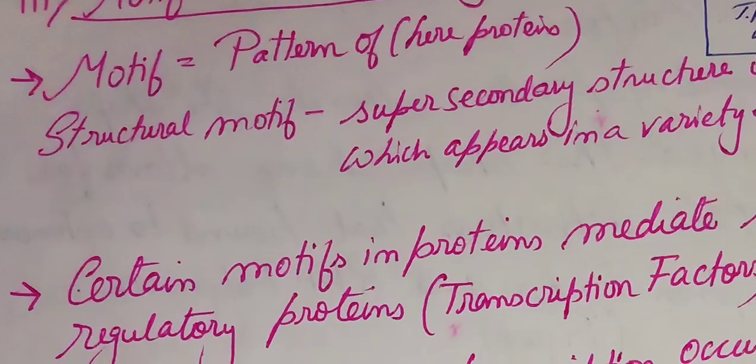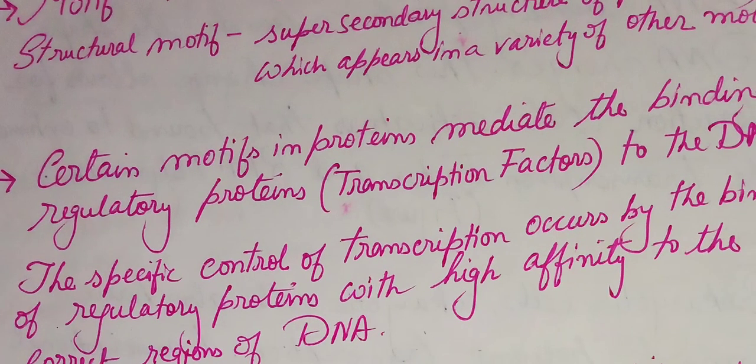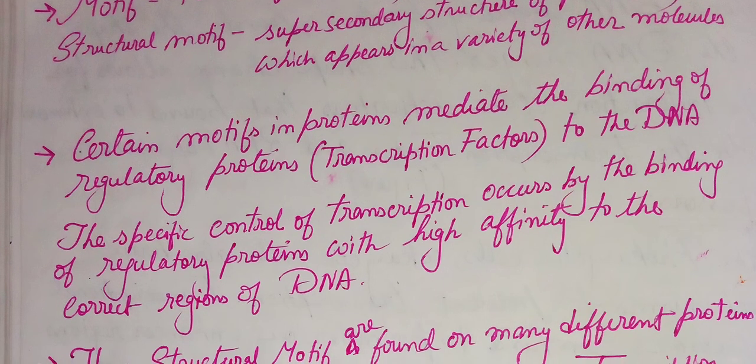Okay, so certain motifs in protein mediate the binding of regulatory proteins, that is transcription factors, to the DNA. The specific control of transcription occurs by binding of regulatory proteins with high affinity to the correct region of DNA.